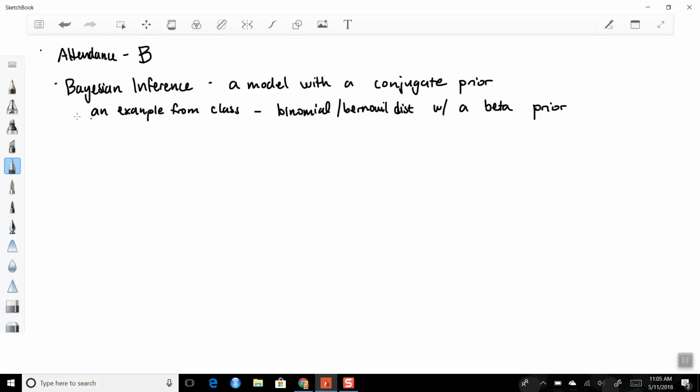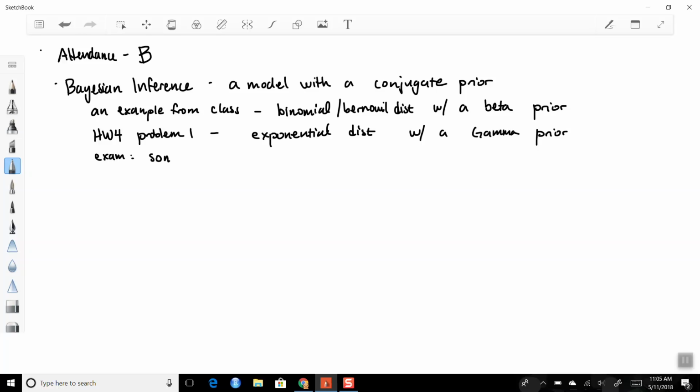And then in homework problem 1, there's an exponential distribution with a gamma prior. And so on the exam, you'll have something similar, probably not exactly the same.